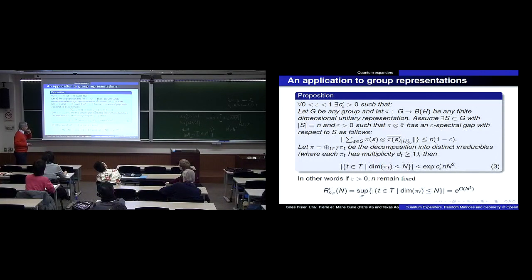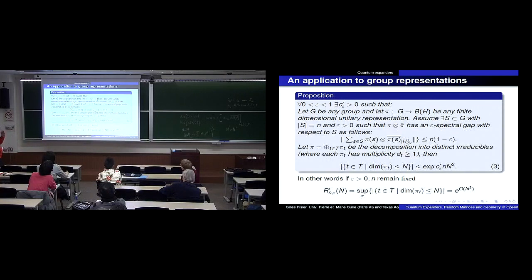So in other words, if your little n and epsilon are fixed, you have a bound on the number of distinct irreducibles that can appear in this representation pi when you decompose it as a direct sum of irreducibles in the absolutely standard way. And the bound, again, is exponential, big O of n squared.